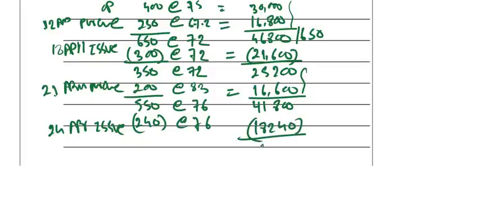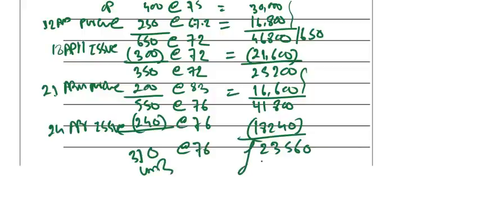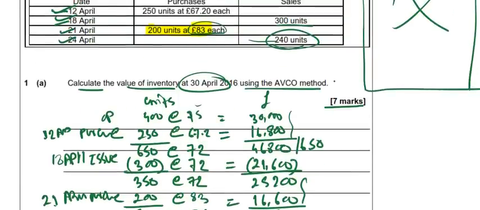We're left with 23,560, and how many items? Still 76. How many items left is 310. That's our answer. 310 units, and the inventory is valued at 23,560. Answer under your AVCO.